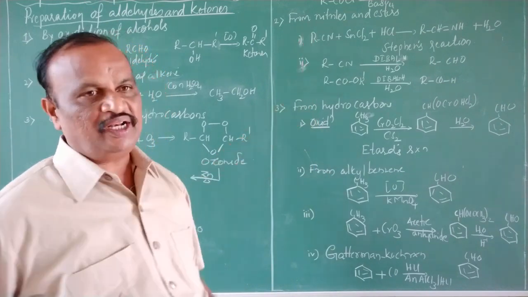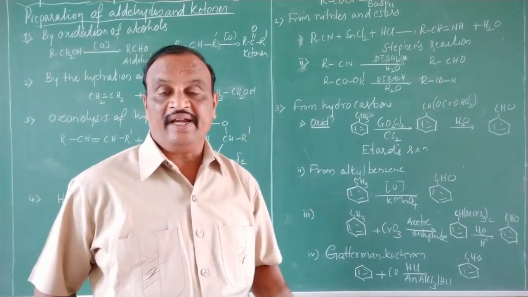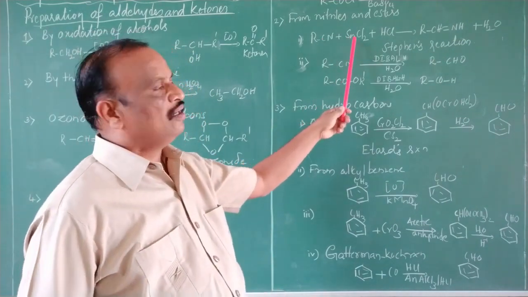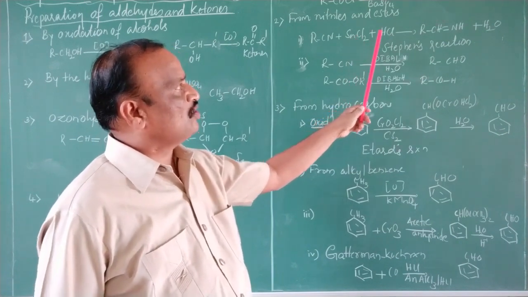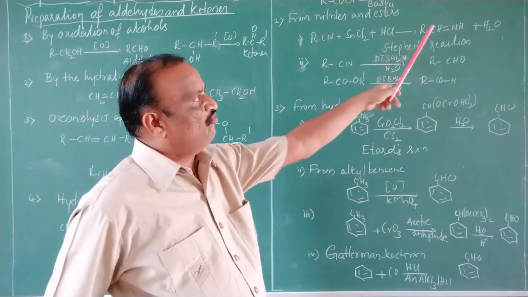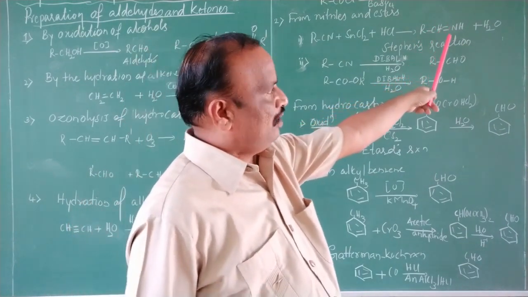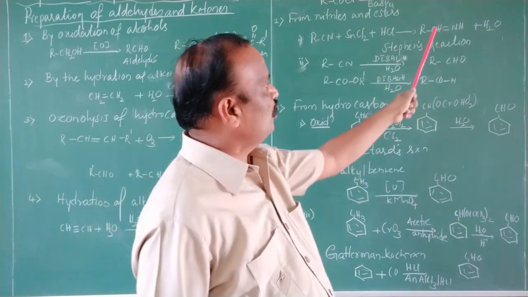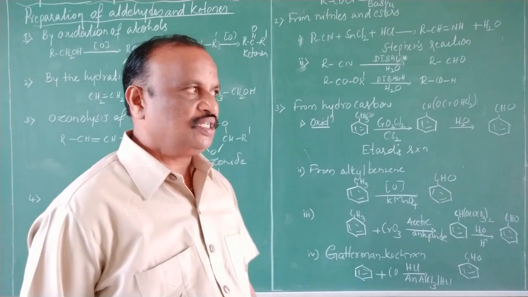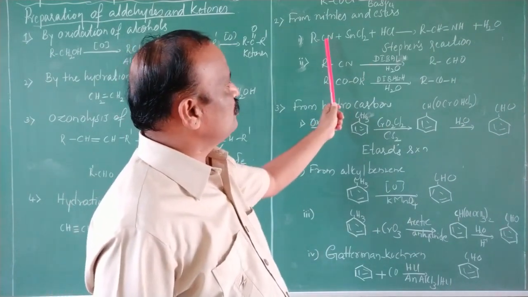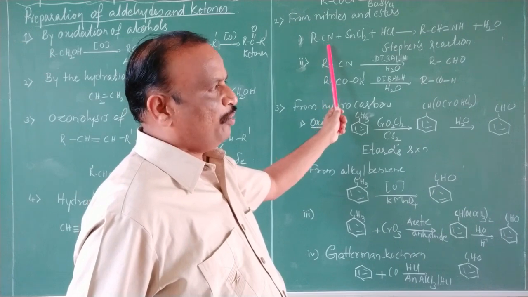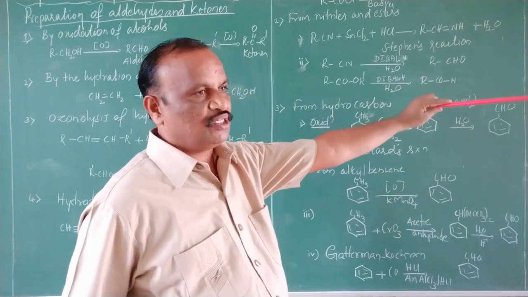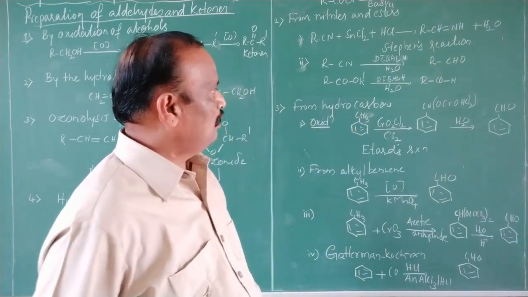Similarly, we can also prepare aldehydes and ketones from nitriles, cyanides and esters. Cyanides when treated with stannous chloride in the acidic medium form compounds which on hydrolysis give the aldehydes. This reaction is called the Stephen reduction. Hydrogen adds across the triple bond of the cyanide group, then it is subjected to hydrolysis, and you will be getting aldehydes.